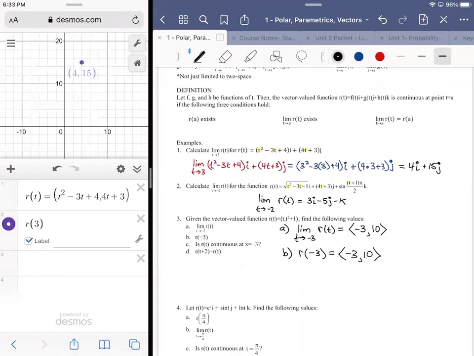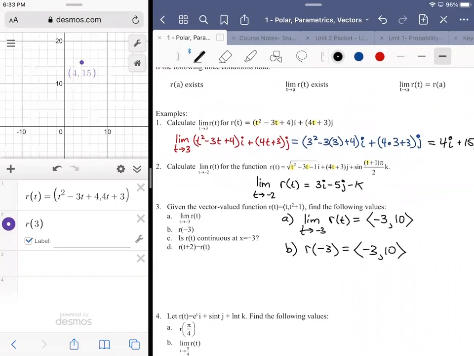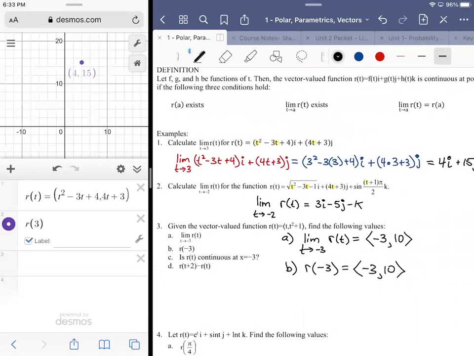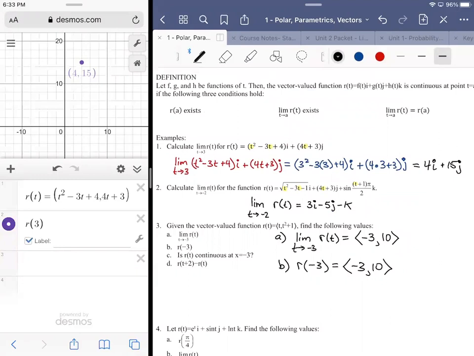So when you're talking about continuity, it's talking about passing the continuity test, which is saying that the function exists at a point and that the limit exists at a point in such a way that it's equal to whatever, back to Calc 1, whatever the y value is at that location.